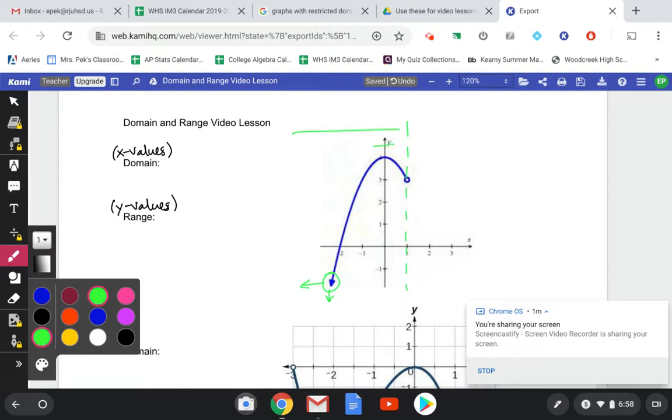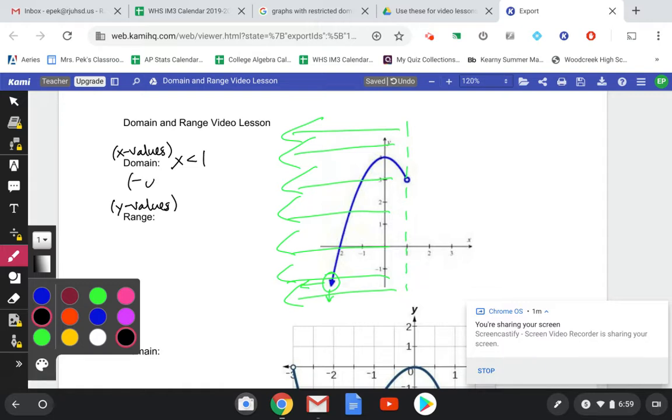So all the x values on our graph go forever and ever to the left. When we write our domain, there's a couple different ways we can write this. We can say the domain is all values of x that are less than 1, or we can write that the domain goes from negative infinity all the way to 1.